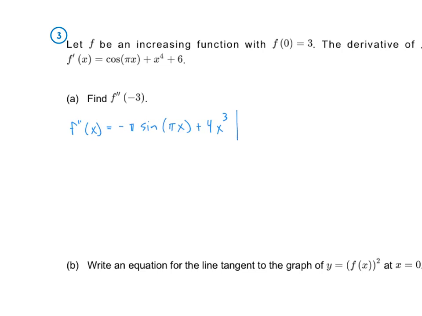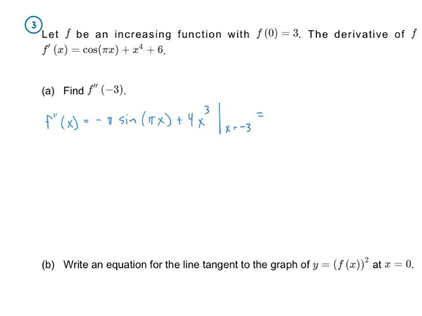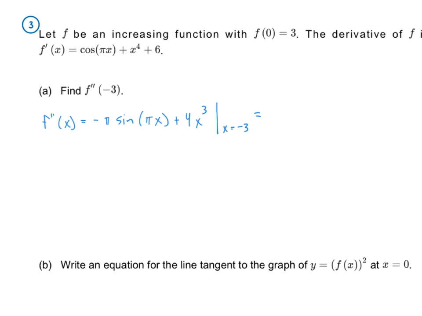Okay, and then we'll plug in negative 3. So sine of negative 3 pi is 0. Sine of any multiple of pi is 0. And so we just really have to plug in negative 3 into here. So that'll be 4 times negative 27, which is negative 108.